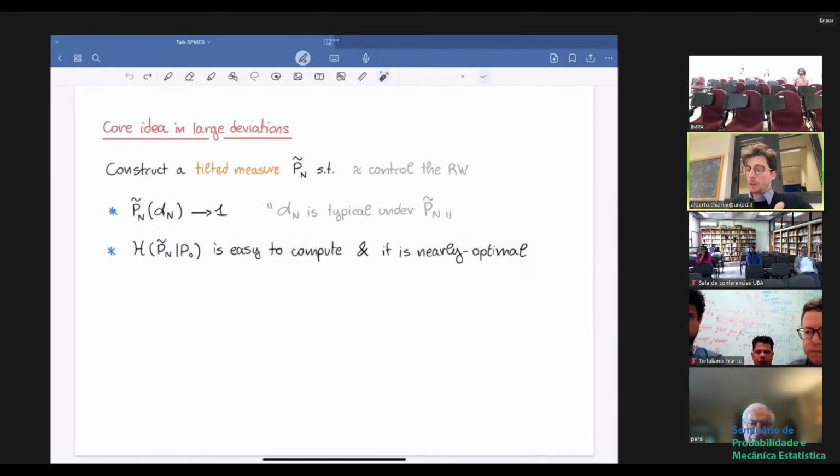So I want to construct an optimal or quasi-optimal strategy to obtain the deviant behavior. And of course, I want the relative entropy cost to be easily computable and nearly optimal.